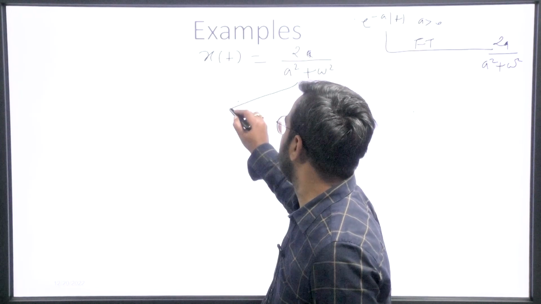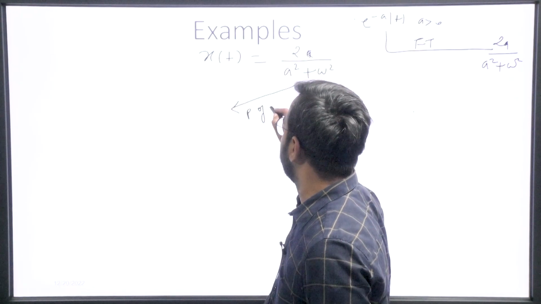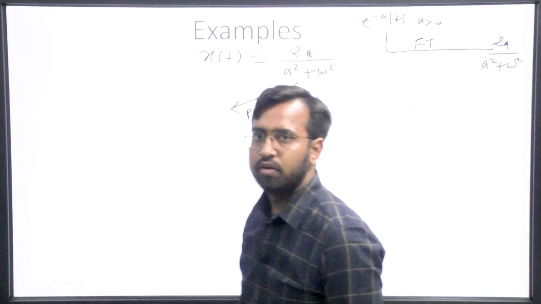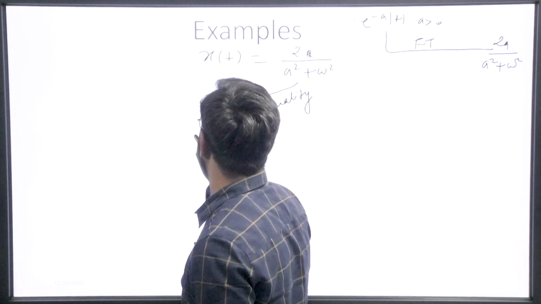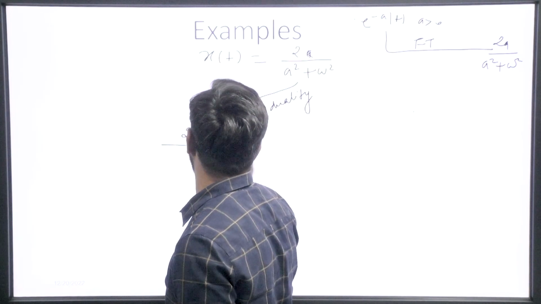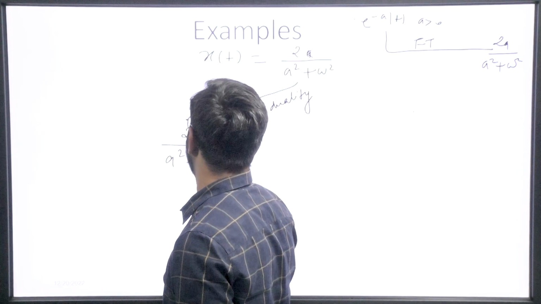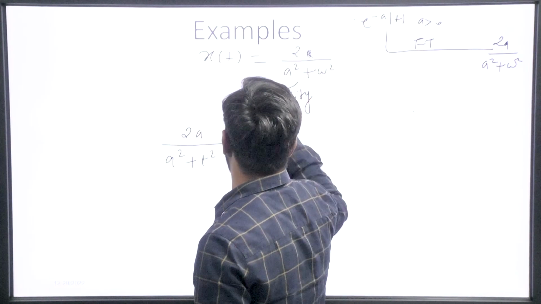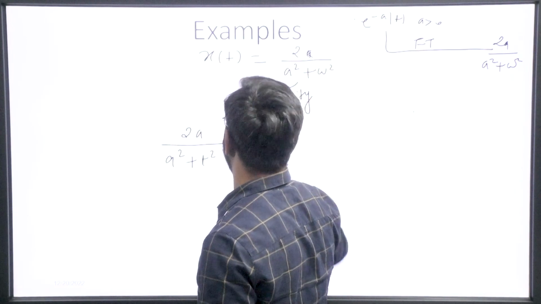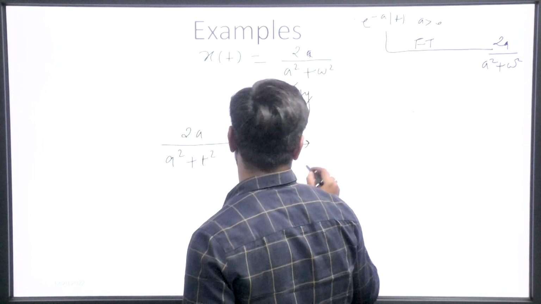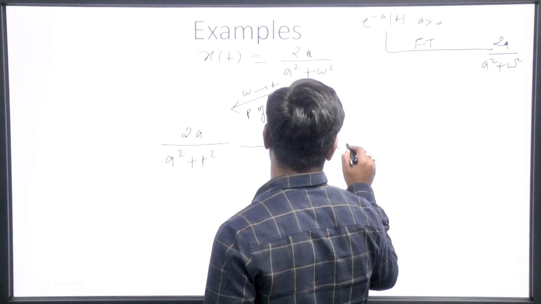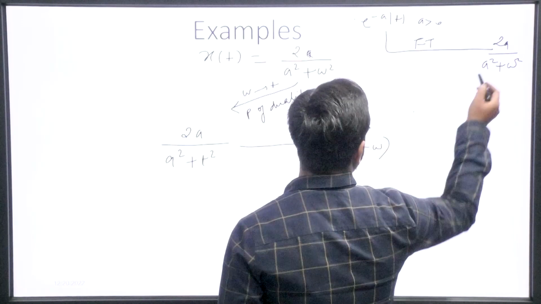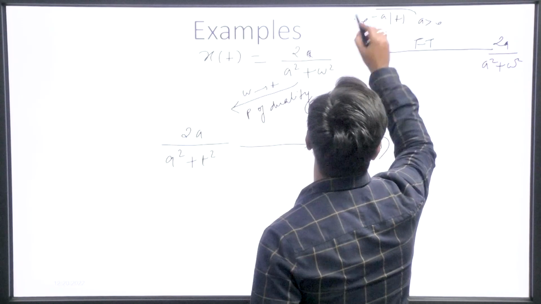By using the property of duality, we will replace omega by t, giving 2a upon a square plus t square, and then finally we will replace with 2 pi x(minus omega).